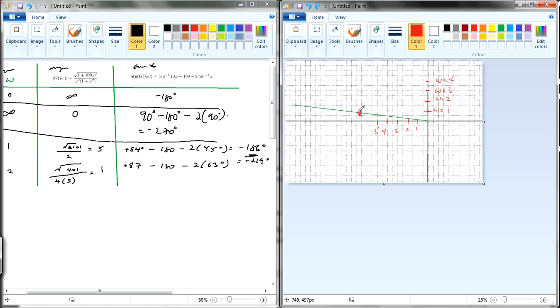Just some magnitudes over here. And then another angle is about 219 degrees, and therefore your magnitude is 1, so you get 2 cm over here. So this is when omega equals 2, this is when omega equals 1. And if you draw, your root locus is something like that.